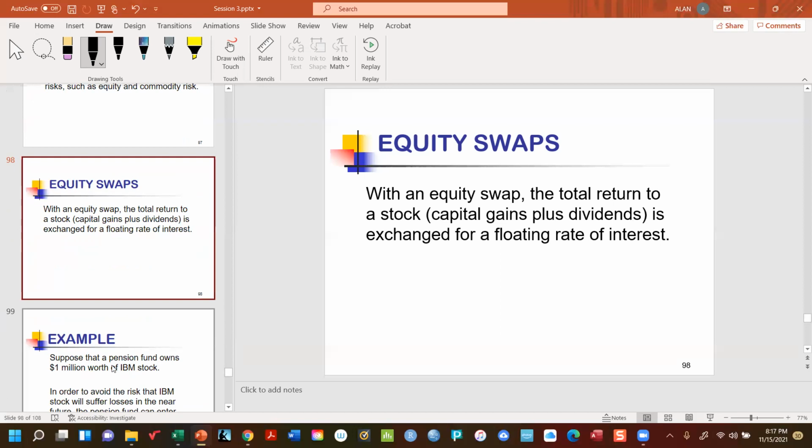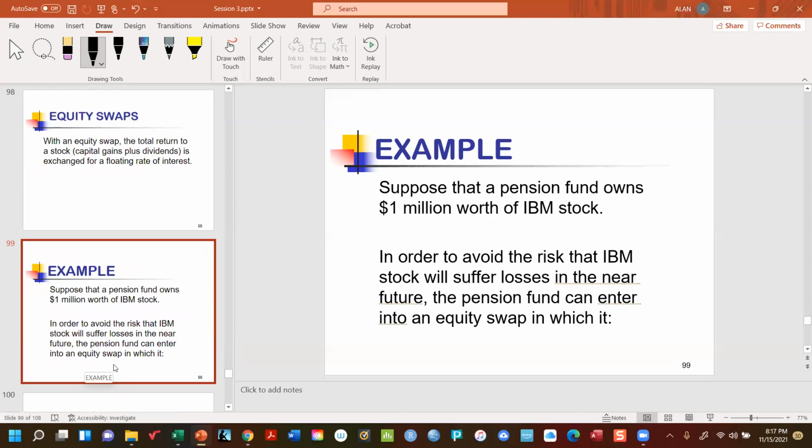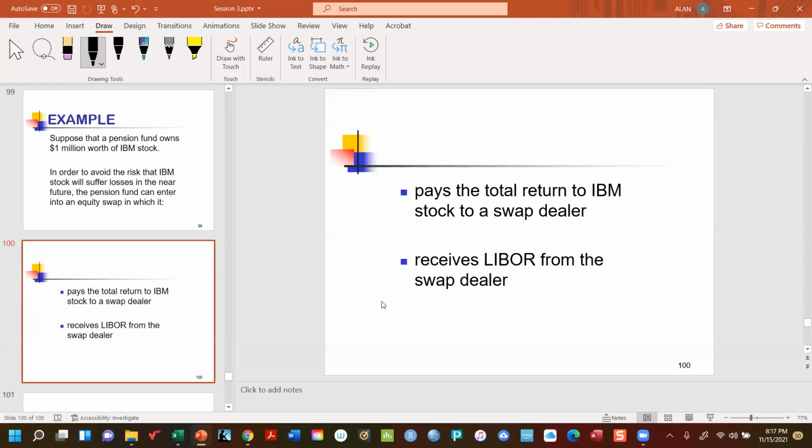All right. Here's a quick example. A pension fund owns $1 million worth of IBM stock. In order to avoid the risk that IBM stock will suffer losses in the near future, look what we can do. We can pay the return to our IBM stock to a dealer in exchange for LIBOR.